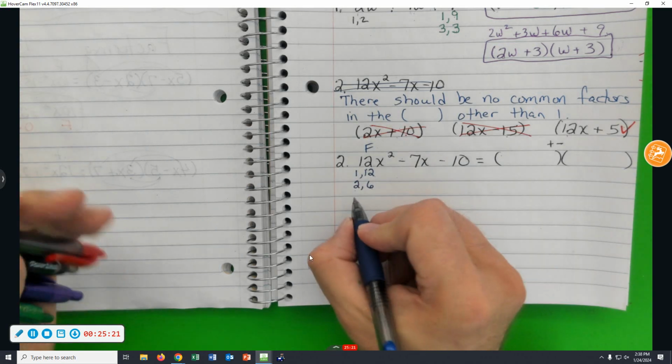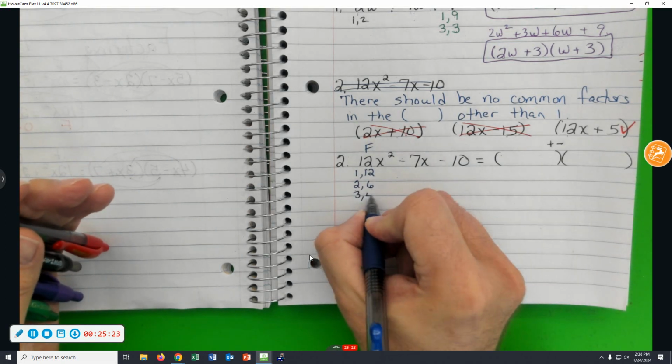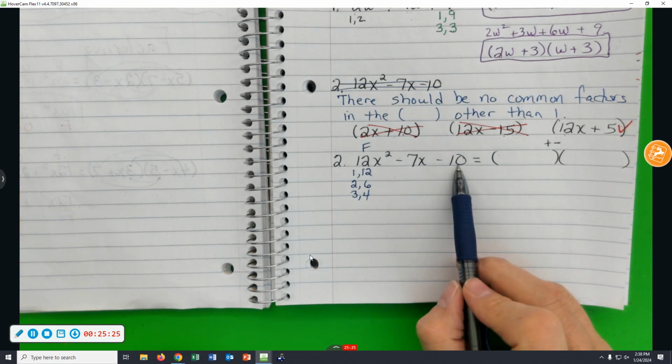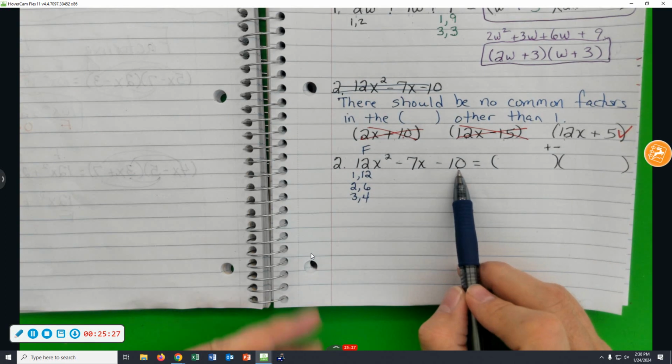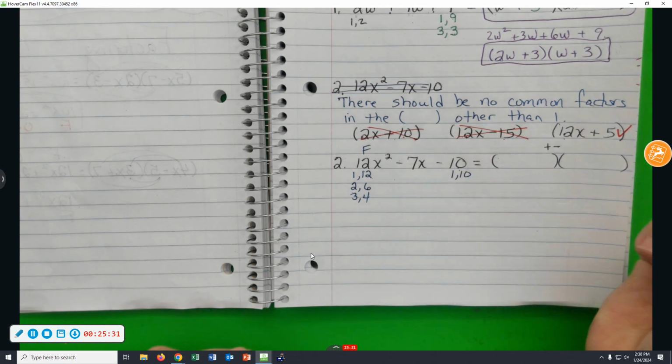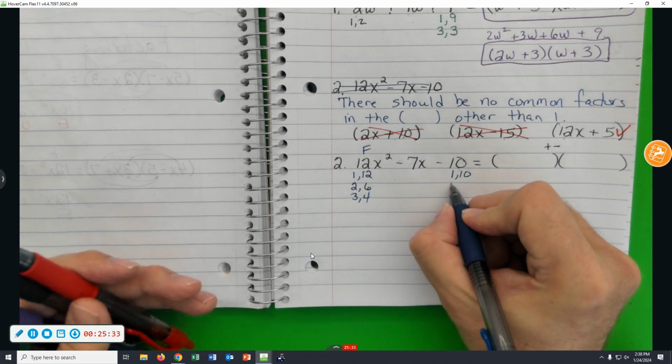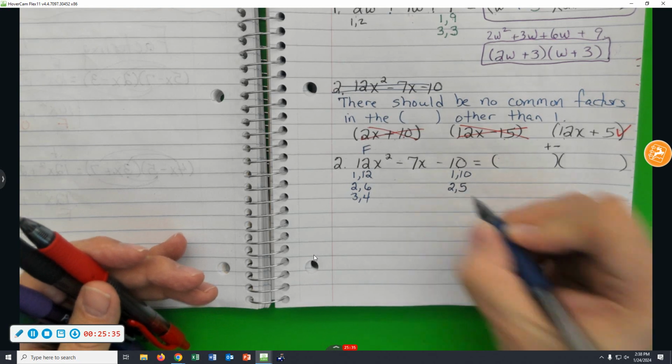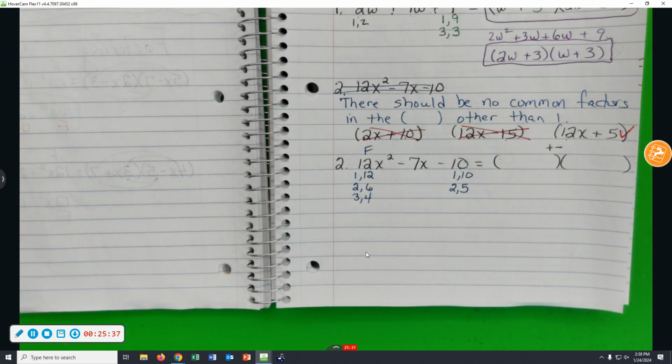Is there another one? 3 times 4? Now, I'm going to do the same thing with 10. Numbers that multiply together to give 10. 1 times 10, and there's another one. 2 and 5. And now it's just a matter of trial and error until you figure out the one that works. Okay?